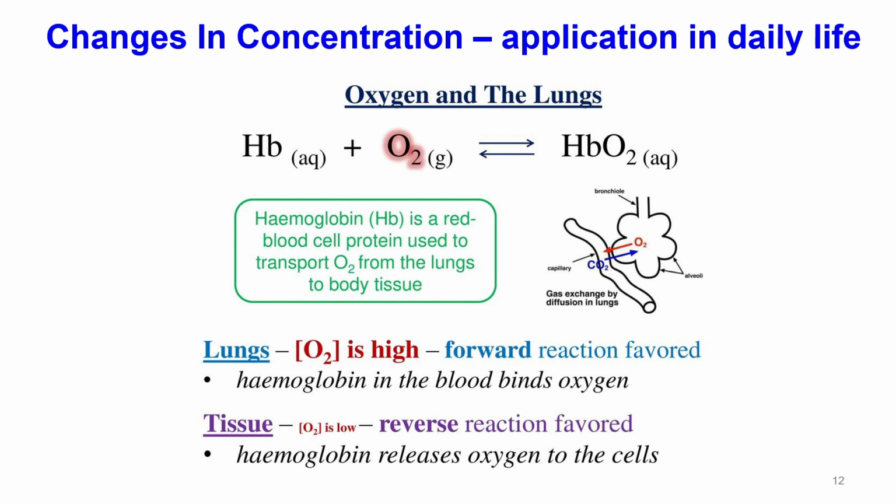Jadi bila concentration of oxygen is high, the forward reaction akan favor. So the hemoglobin in the blood binds with oxygen. Okay, so in the tissue, the concentration of oxygen is low. Jadi bila dia rendah, the reverse reaction favor, thus hemoglobin will release oxygen to the cell. Okay, so this is the application di dalam our daily life.